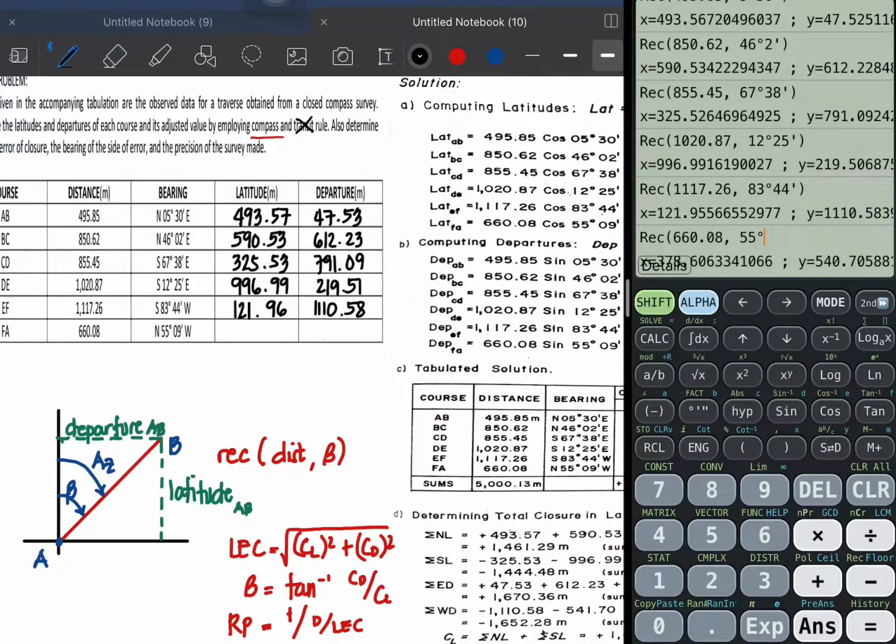Angle is 55 degrees 9 minutes. So you have 377.19 and 541.70.